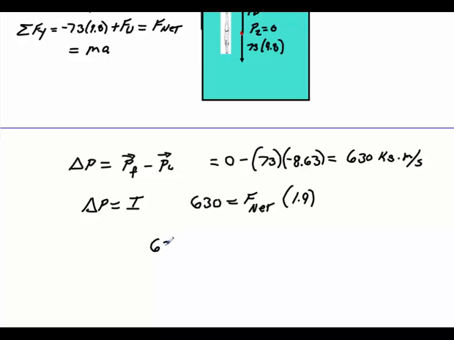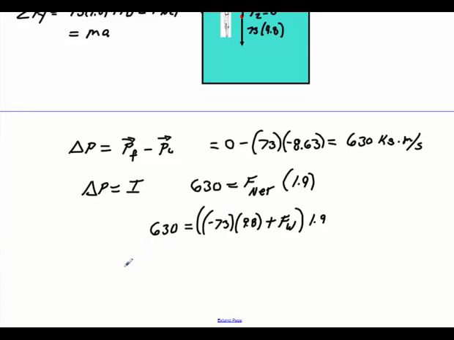So we take 630 is equal to, in parentheses, minus 73 times 9.8 plus the force of the water, all times 1.9. Divide by 1.9, which gives me 630 over 1.9, and add the 73 times 9.8 to both sides.